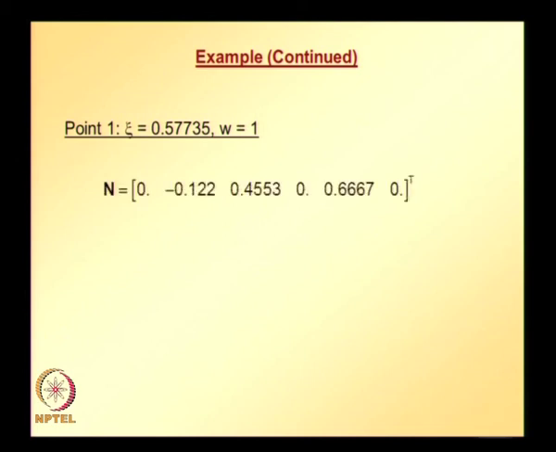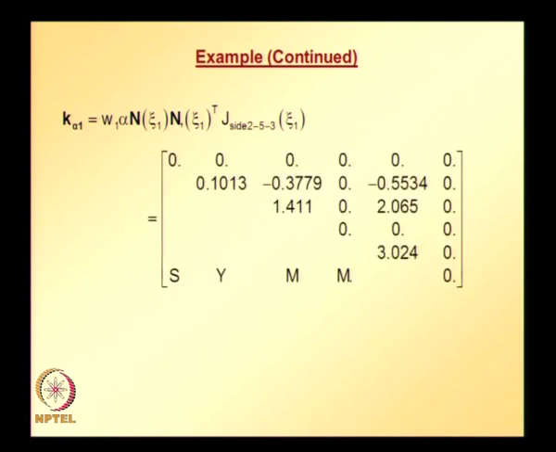Evaluate the shape function vector at this integration point and also the rest of the quantities to calculate the Jacobian, and then evaluate the contribution of this integration point to the K alpha matrix by evaluating all the quantities in the integrand at this integration point and multiplying with the weight. Here alpha is constant, and finally this is the contribution to K alpha from the first integration point.